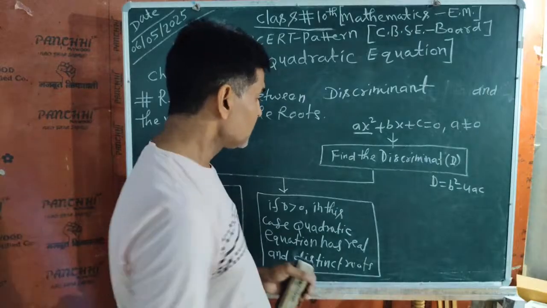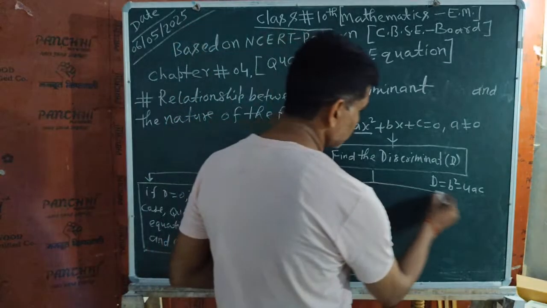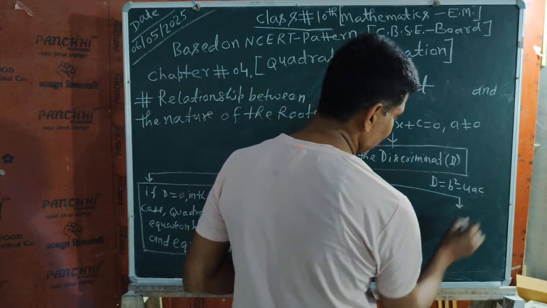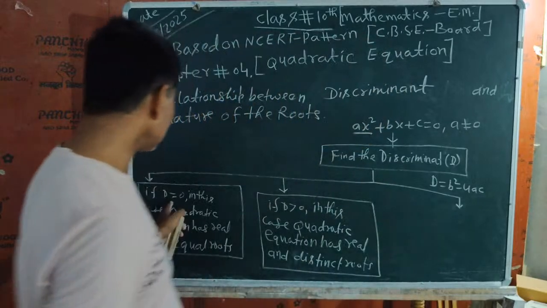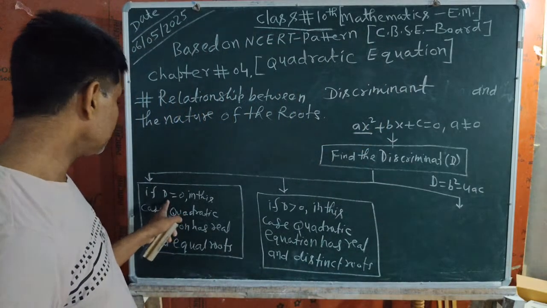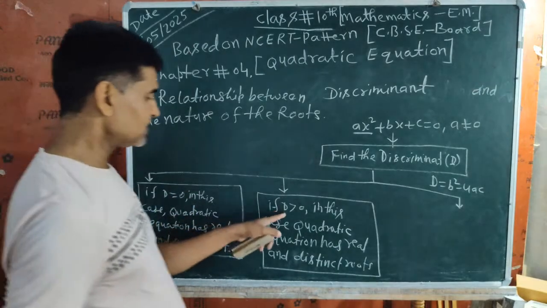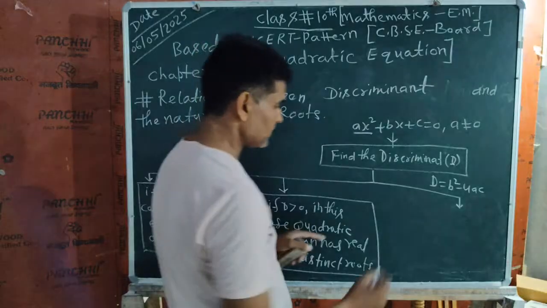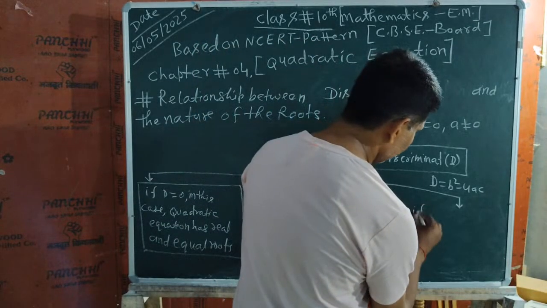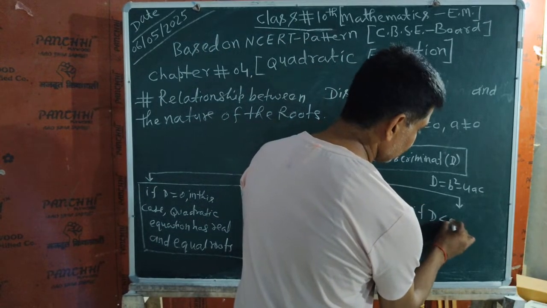Okay students, now further I am going to explain concept number 3. In the first case I took the value of D equal to 0, in the second case D greater than 0, but in the third case I write the value of D which is negative.